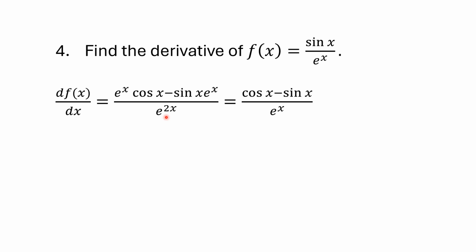And e to the x squared is the same as e to the 2x. In this case, we can factor out and cancel an e to the x, and we're left with cosine x minus sine x over e to the x.